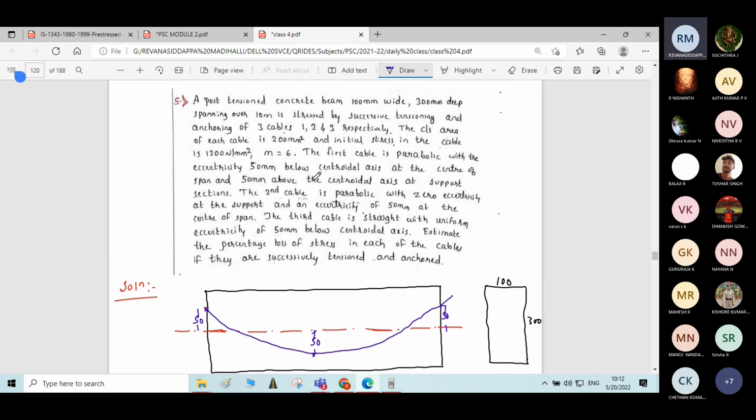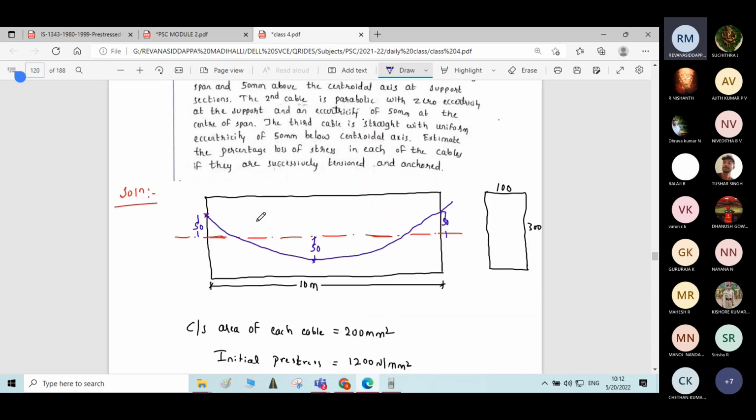Then just read the profile of the second cable. The second cable is parabolic with zero eccentricity at the support and an eccentricity of 50 mm at the center of the span. At the center it is 50 mm only.